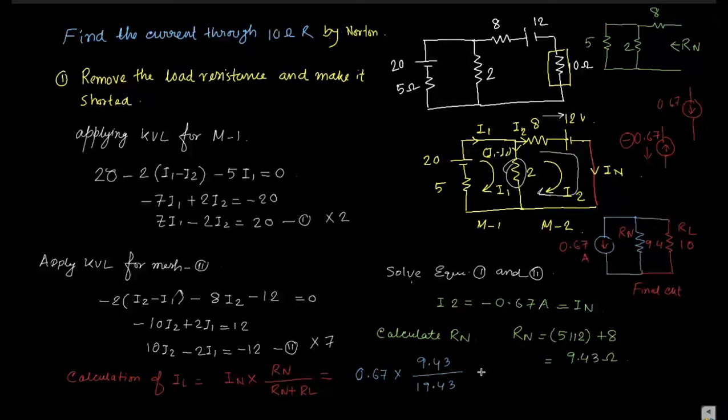How much is it coming? 0.325. Yes, 0.33. 0.33 ampere, and the direction is this, because the direction of the current source is this.